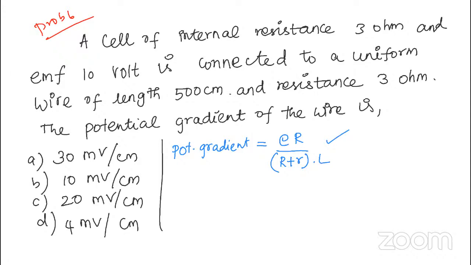So here E, which is nothing but the small EMF oda value தான். Okay. R வந்து நம்ம normal resistance oda value, small r அப்படின்றது internal resistance oda value, and L value it should be the length. Okay. So இதுல substitute பண்ணிட்டு answer சொல்லுங்க பார்க்கலாம்.